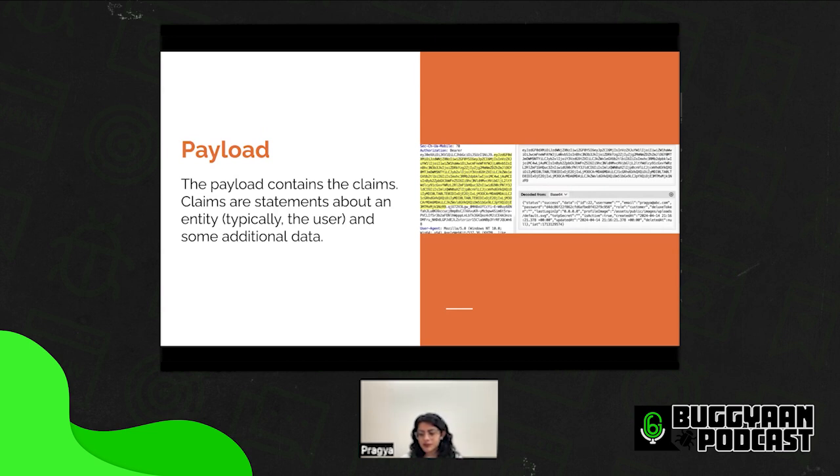Then we have some other data as well, such as IAT, which means when this token was created, in epoch time format. Then we have created at, is active. These are the claims that the payload contains. There are many other claims that it can have.